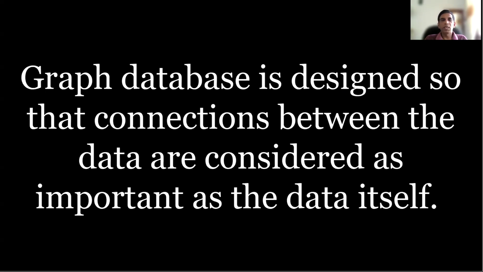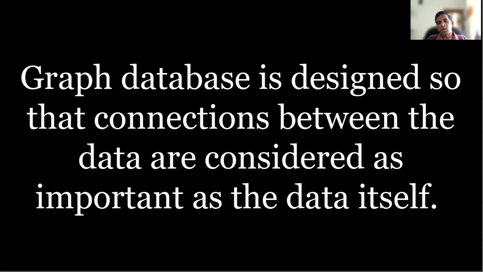Right. So what is a graph database? It is something that is designed to connect between the data, right? Well, that's the same thing we use a relational database for also, but here the connections between the data are considered as important as the data itself. That's the difference here.